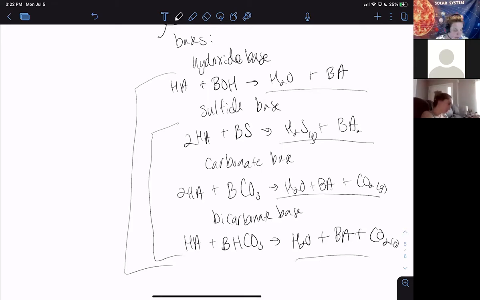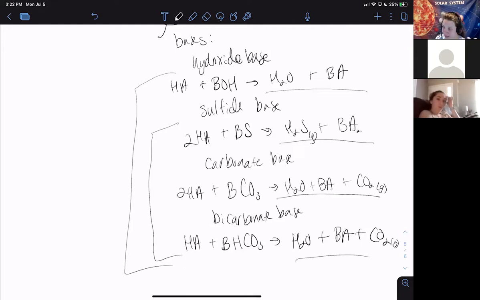Okay. You should be able to determine molar mass. I don't think there's going to be much in the way of stoichiometry on this, but you should still be able to determine molar mass.